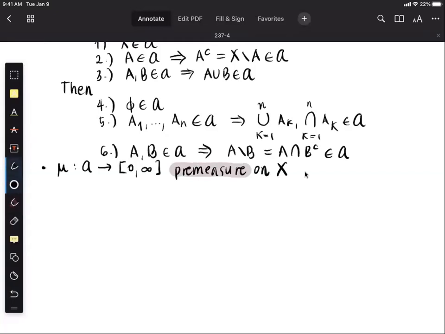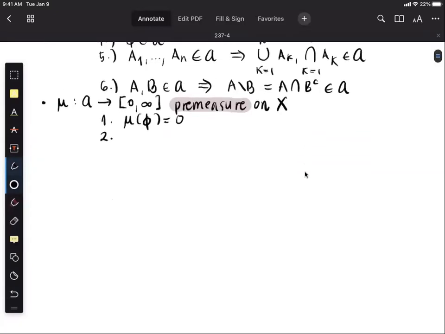By a pre-measure, we mean the following. The pre-measure of the empty set must be 0. And then it must be sigma additive.